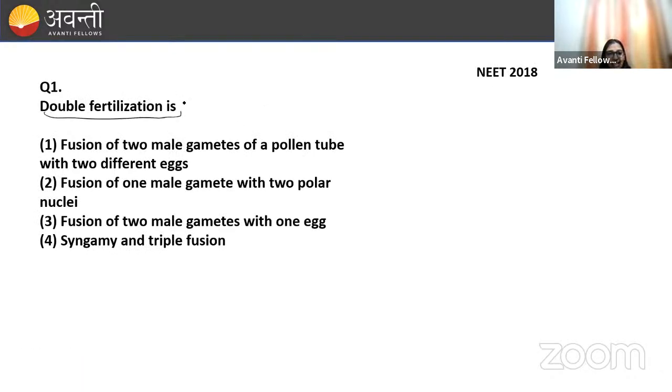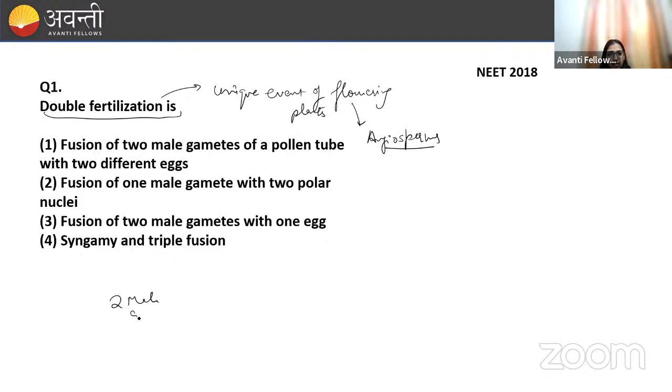So double fertilization. Remember, this double fertilization is a unique event of flowering plants. And all the flowering plants belong to angiosperms. Right? In double fertilization, there are two male gametes.